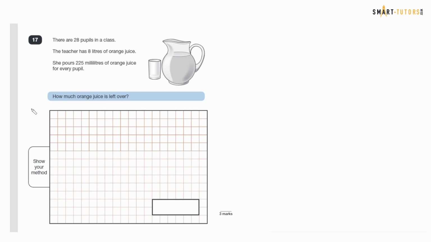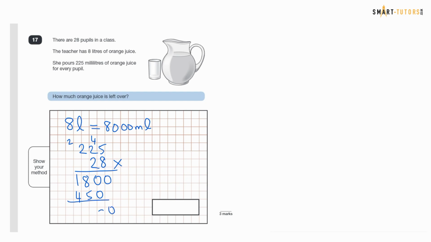So if the teacher has 8 liters, we need to convert that to 8,000 milliliters. And we have 225 milliliters for every pupil, so we need to do that times 28, which is 6,300.